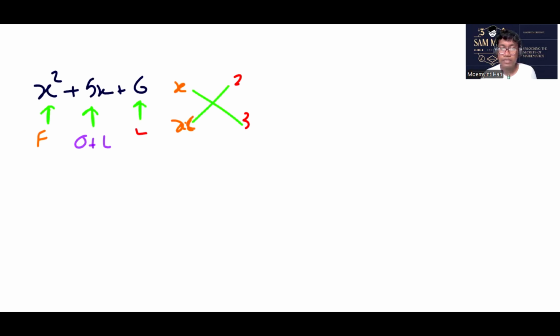So this could come as a combination. We're supposed to multiply this pair and think about whether it could make 5x. So let's think about it. This is 3x, this is 2x. So 2x and 3x, we're going to combine them together. It comes to 5x, right? We're going to use positive signs.